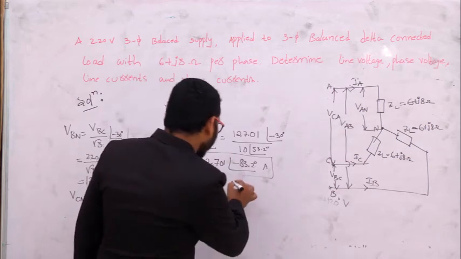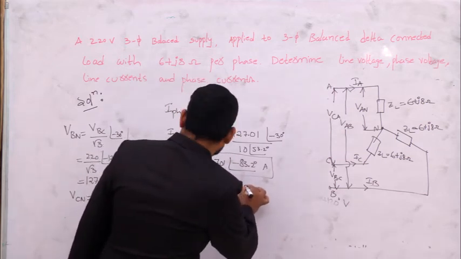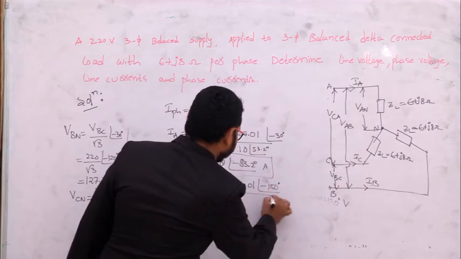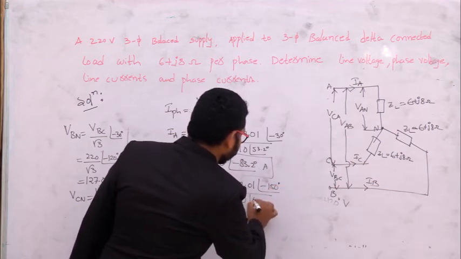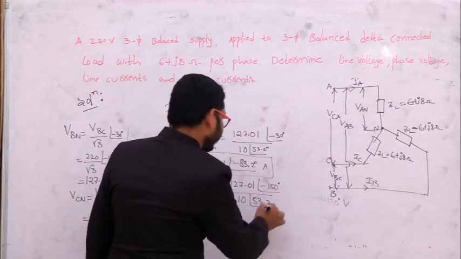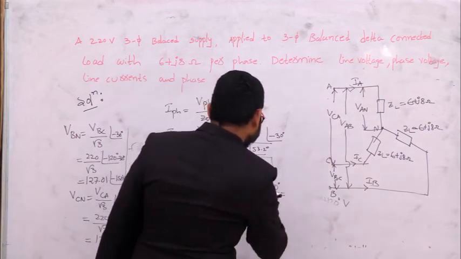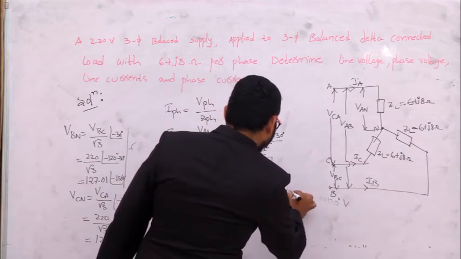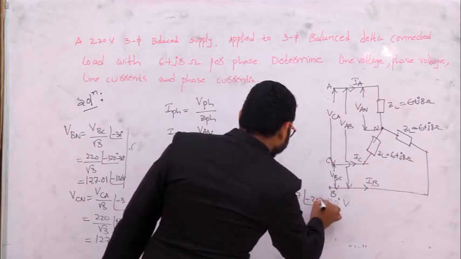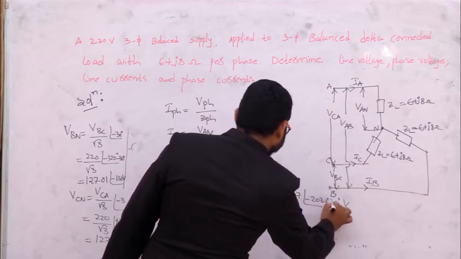It is 127.01, the angle is minus 150 degrees, divided by 10 at 53.2 degrees. You will get approximately 12.7 at an angle minus 203.2 degrees amperes.